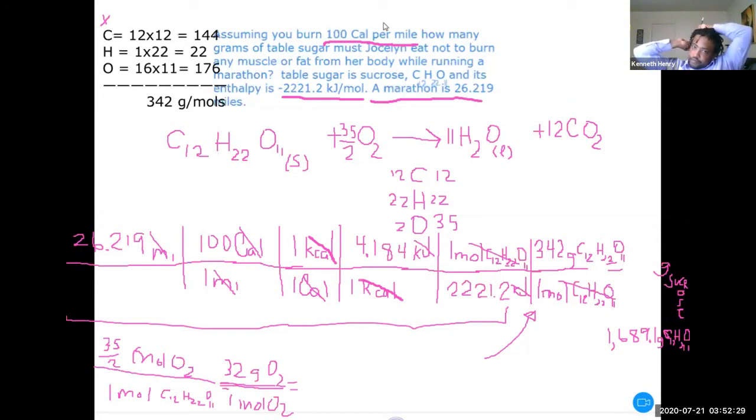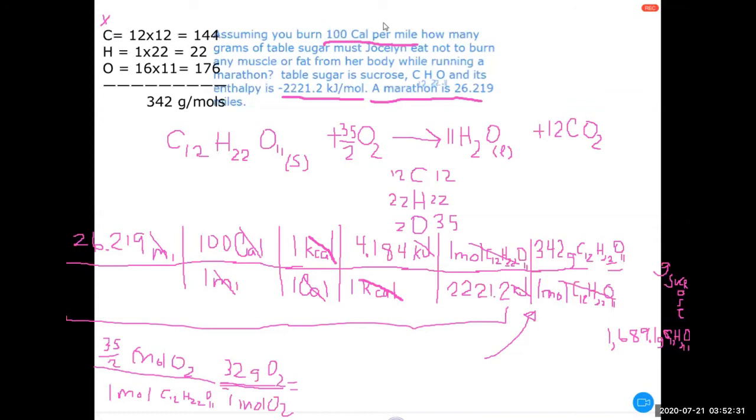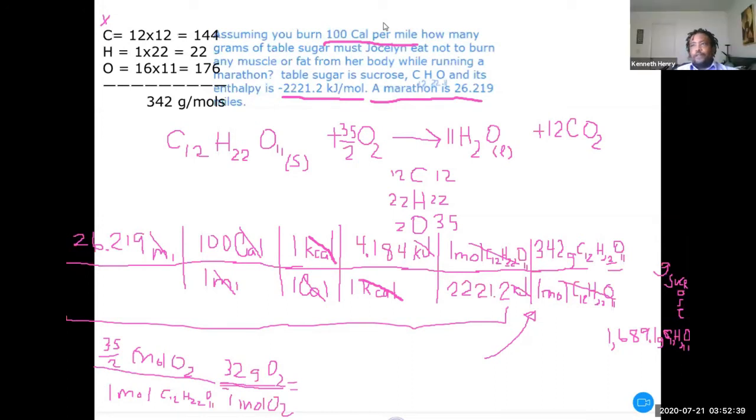Piece of cake? When you explain it, yeah. It's just following the trail, right? Okay, piece of cake. So we'll erase this part so nobody gets confused.